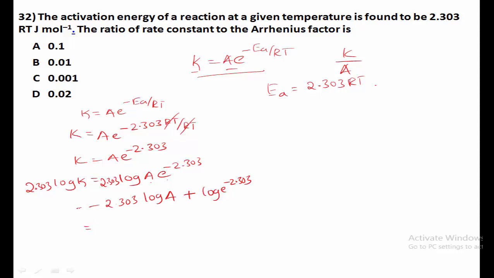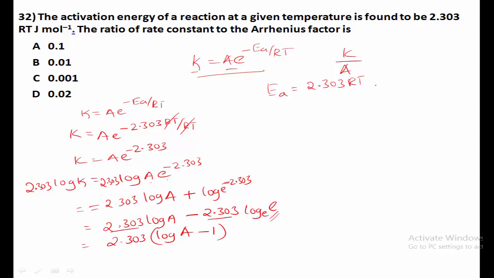On simplification, 2.303 log A minus 2.303 log e, which is 1, so 2.303 log A minus 1, because I have taken 2.303 common here.